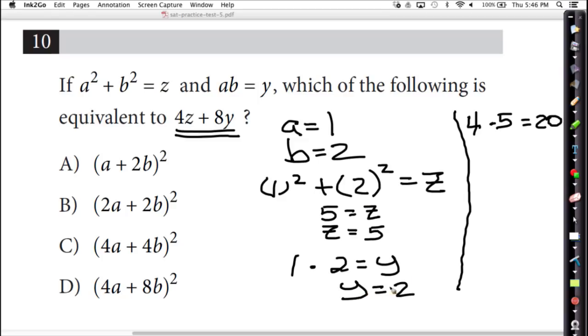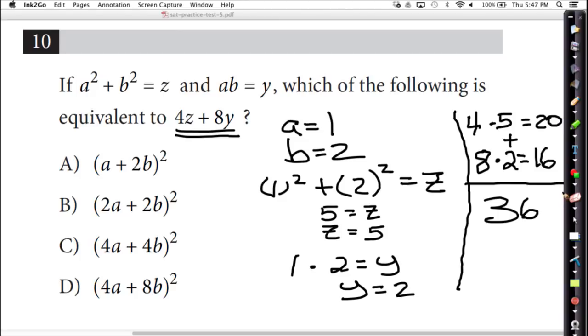Well, 8Y is 16. 8 times 2, right? I'm just plugging in 8Y. That's 16. Sorry, I'm still getting used to doing this live. So 20. Remember, these whole things were being added, right? 4Z plus 8Y. 20 plus 16 is 36.